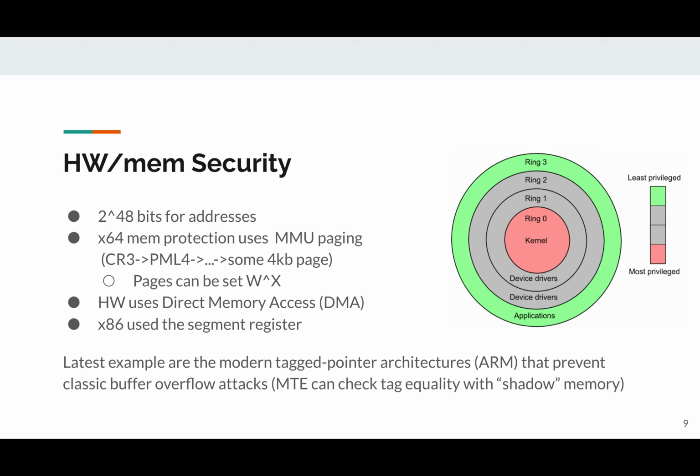For example, we might say that all addresses between this index and that index of that table belong to that process only. And if that process tries to touch any other index in that table that's not allowed, it automatically crashes. If we do something like that, then we could ensure that processes have a completely isolated view of the memory they access.